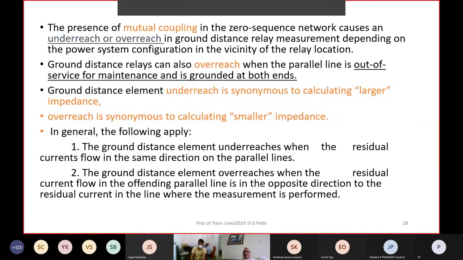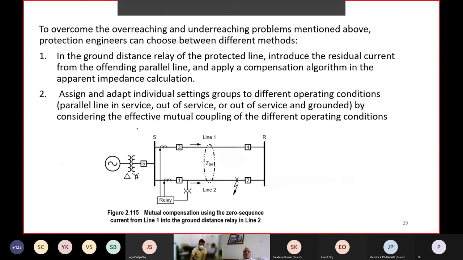All the distance relays nowadays also have distance to fault functionality, so it can be used for that, so that you get a more accurate distance. Yeah, so this is that feature where you use the neighboring line current.